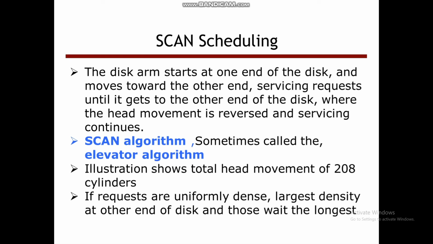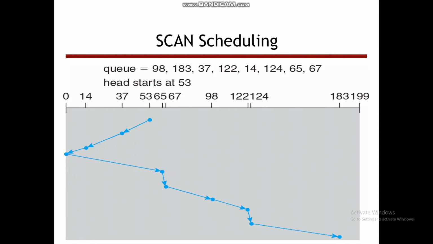If requests are uniformly dense, the largest density is at the other end of the disk, and the others need to wait for the longest time. That is a difficulty of this algorithm.